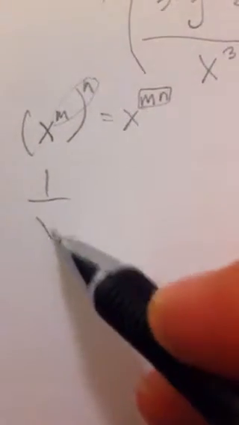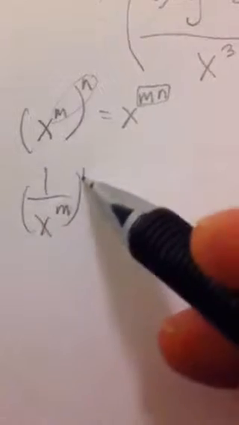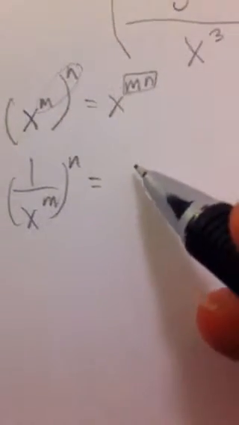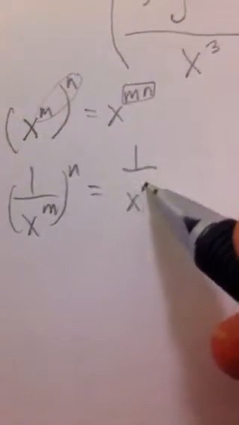Even if that is a fraction, then it becomes 1 over x to the m times n.